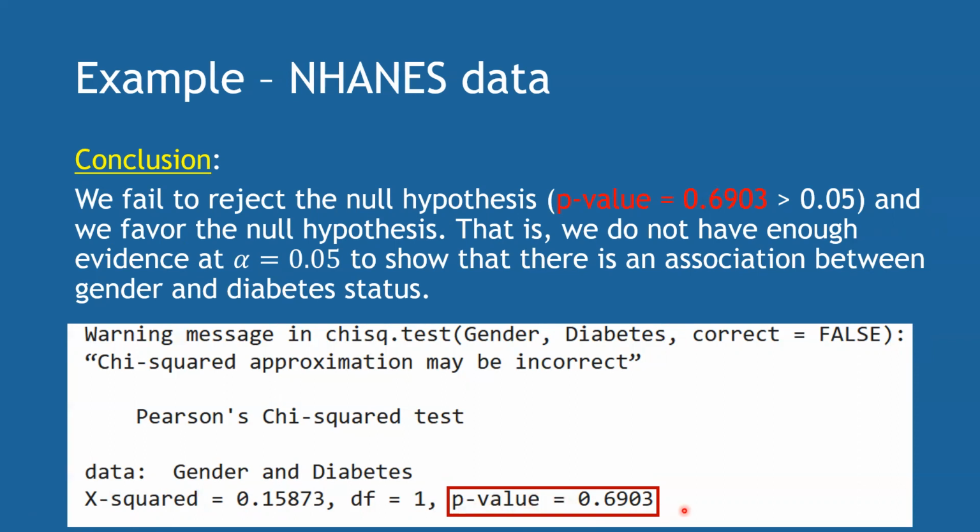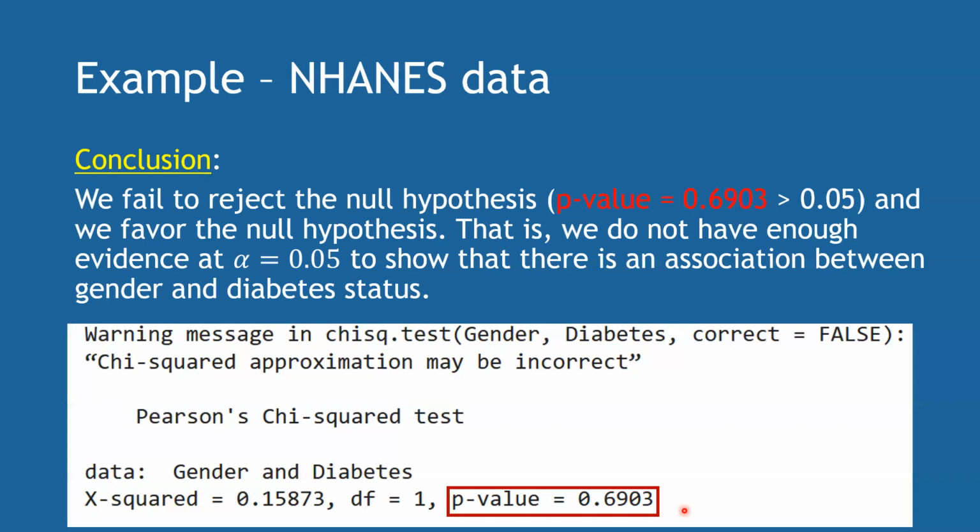With this, we compare that to 0.05, and it's greater than 0.05. So we fail to reject the null hypothesis, and we favor the null. So that is, we do not have enough evidence at an alpha level of 0.05 to show that there is an association between gender and diabetes status.